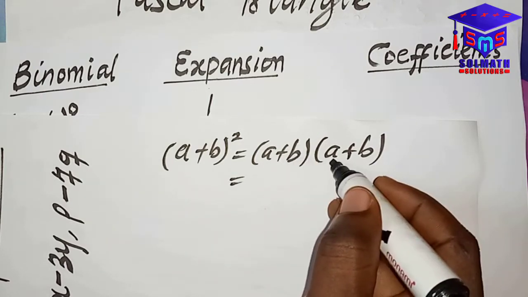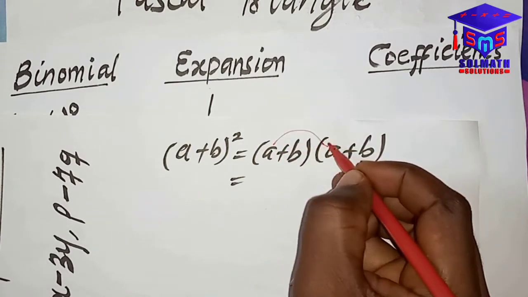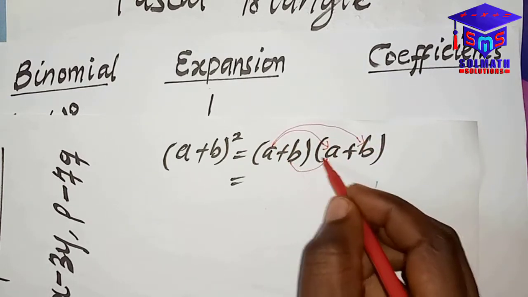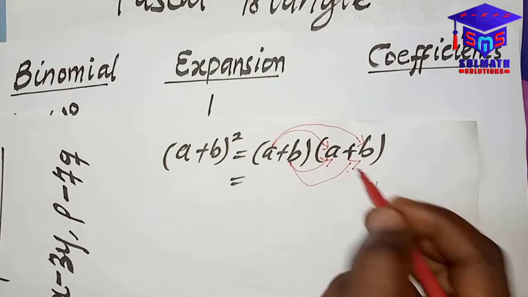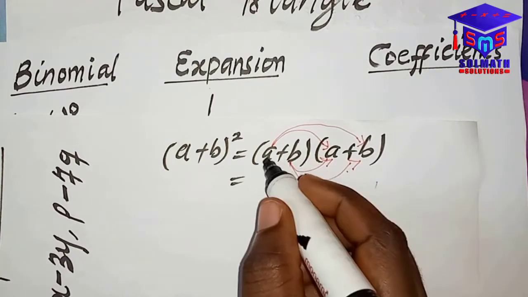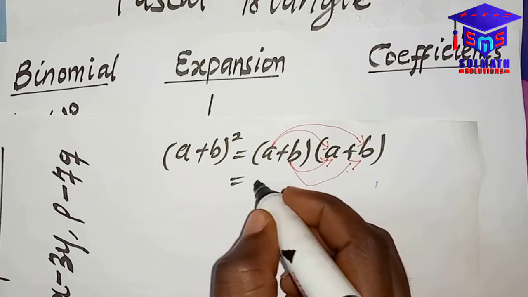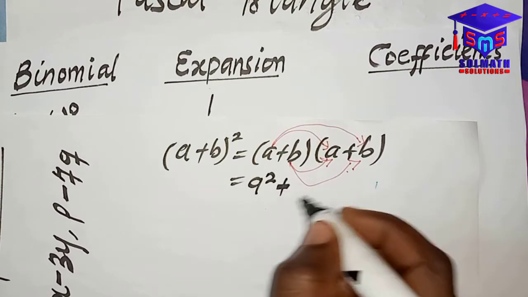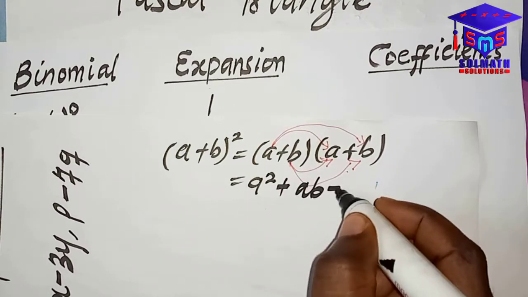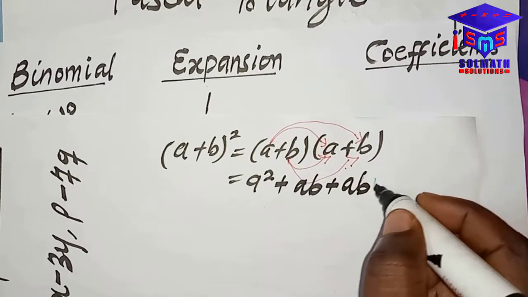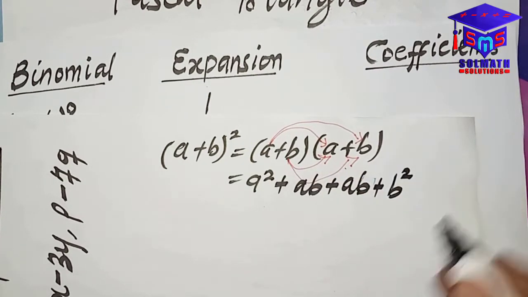So a multiplies a, then a multiplies the b, then b multiplies a, then the b multiplies the b over there. So we have a times a giving us a squared, then a times b giving us ab, then b times a giving us ab, and then b times b giving us b squared.